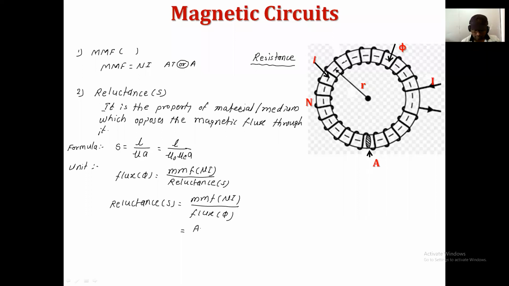Ampere turn. A for current, T for number of turns. फ्लक्सचं युनिट काय? Weber. So the unit for reluctance is ampere turn per Weber, or simply ampere per Weber. Finish.